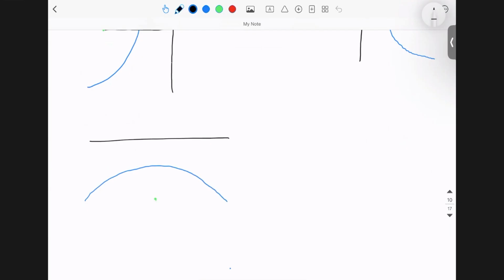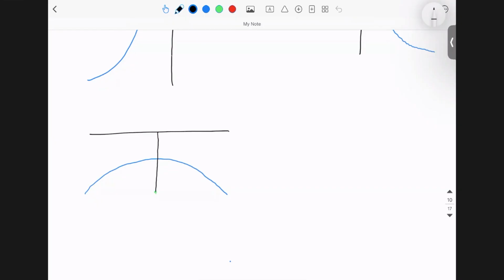This is one case, and another case is like this. This is another.